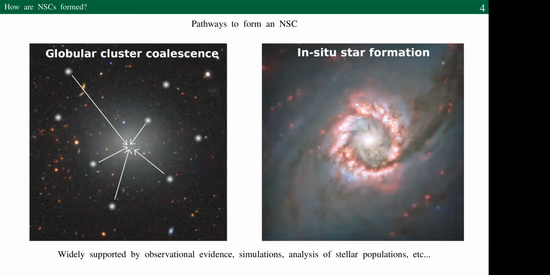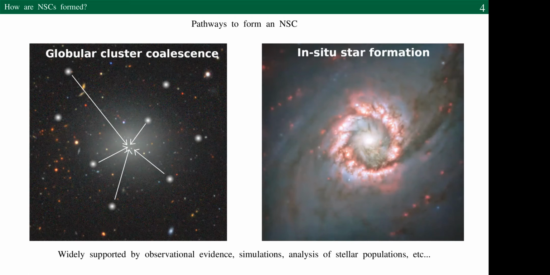On the other side, it is also known that in situ star formation can put some mass into the nuclear cluster. Stellar population analysis shows sometimes some contribution of young population in the nuclear star clusters.